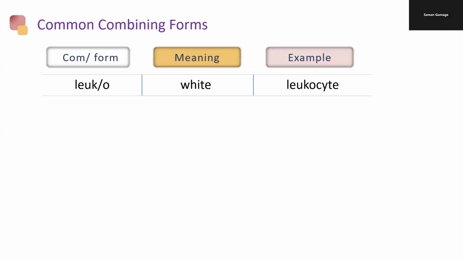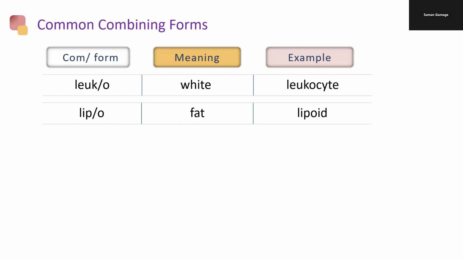Some more combining forms. Leuco is referring to white. Leukocyte means white cell. You may have heard about white blood cells. Leukocytes are white blood cells. Lipo is fat.